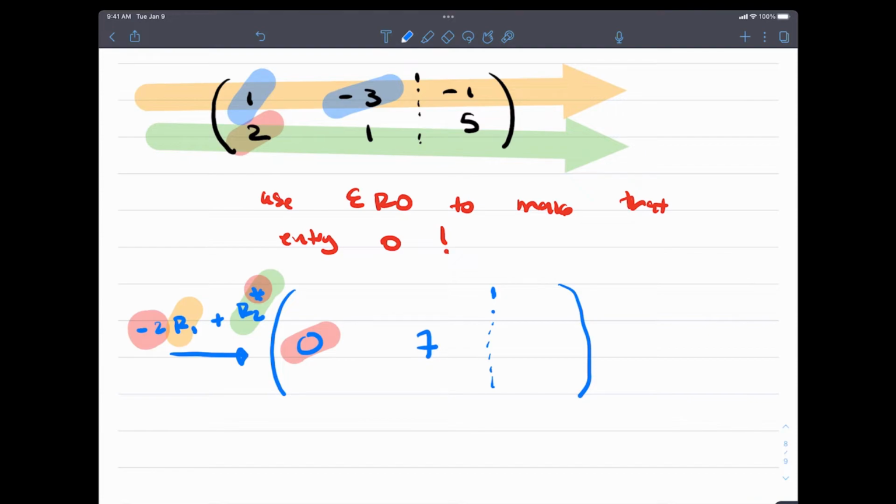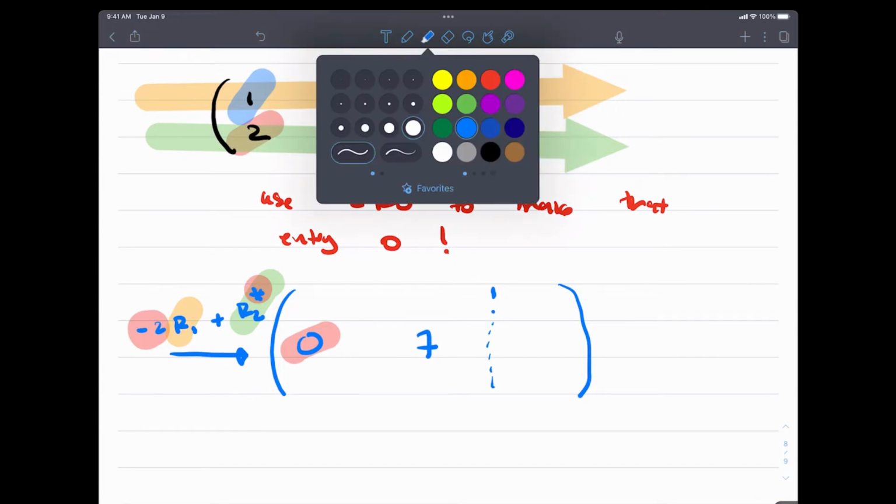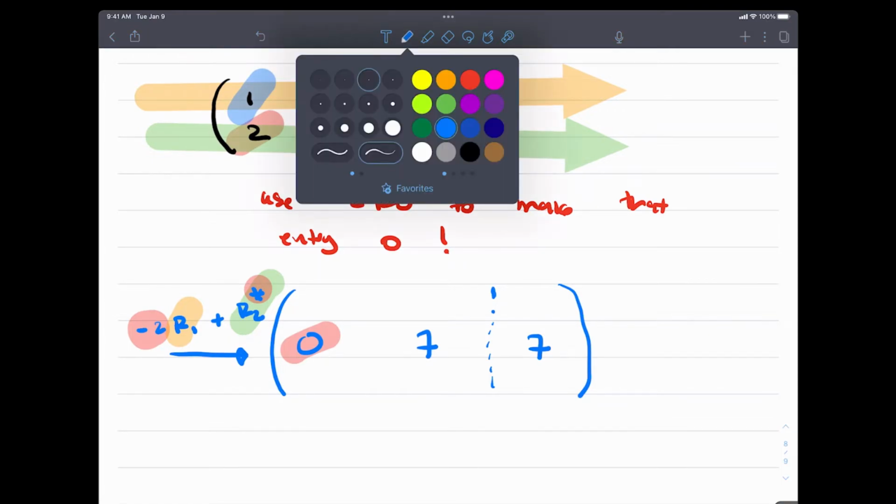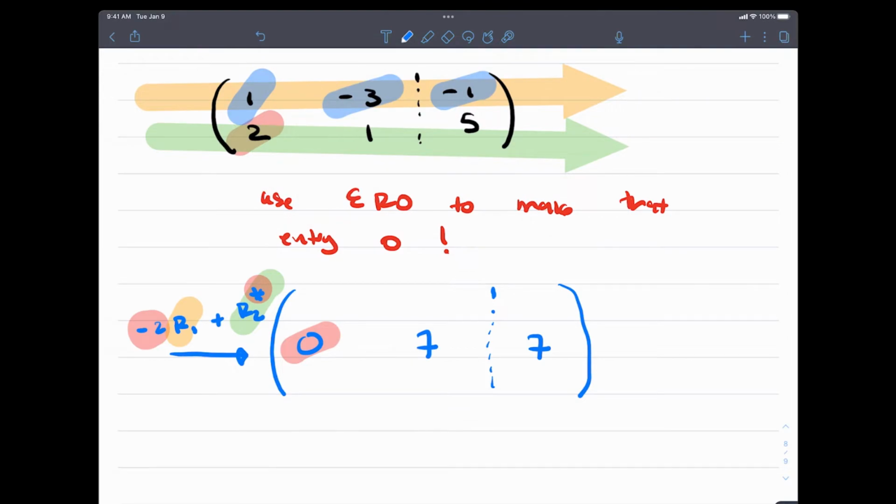What's -2 times -1? +2, and then you're going to add it with 5. What do you get now? 7. Outstanding, ladies and gentlemen. So what do I do with the first row numbers? You keep them as they are. You guys see that here?